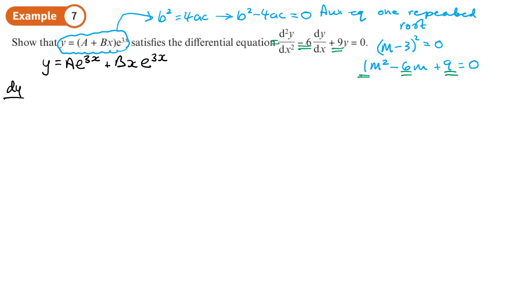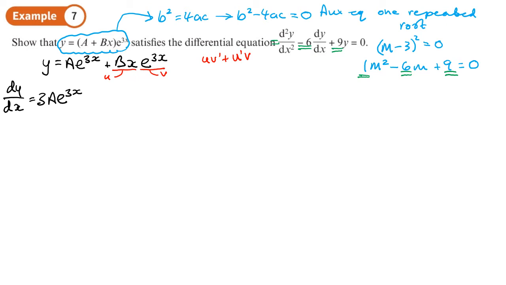Let's work out dy dx. So the first term will become 3a e to the 3x. Then for this we need to use the product rule. This will be u, this will be v. Remember the product rule is u v dash plus u dash v.